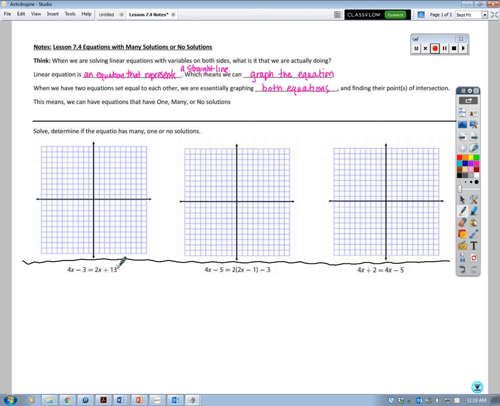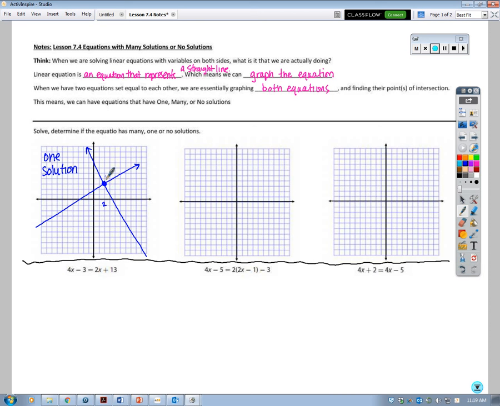I'm giving you a visual example of if I have one solution, that means that I've got two lines, and those two lines only intersect once. In this case, let's say that I'm counting each of these units by 1, this intersection, where my x value is, would be 2.